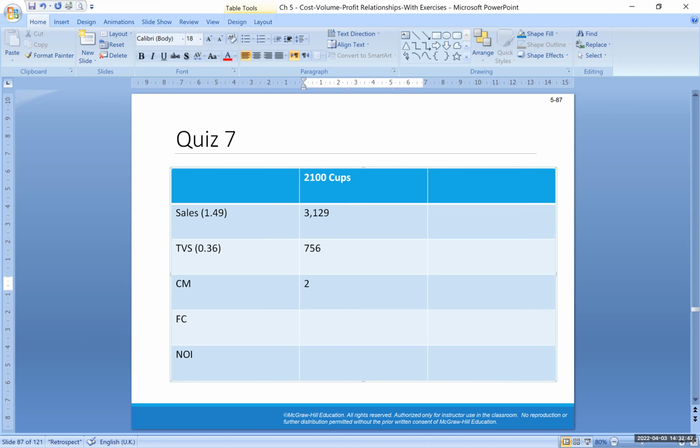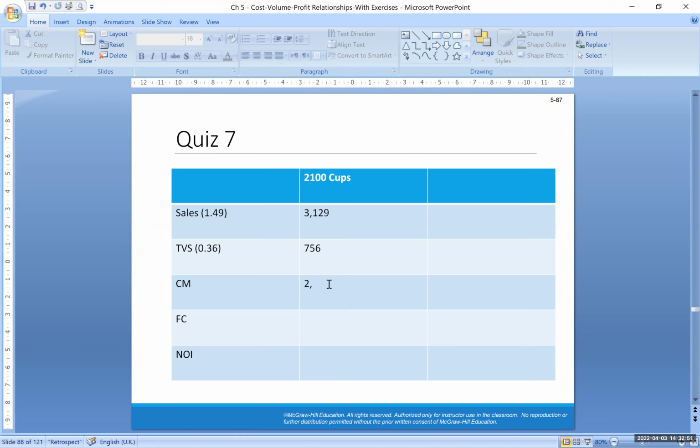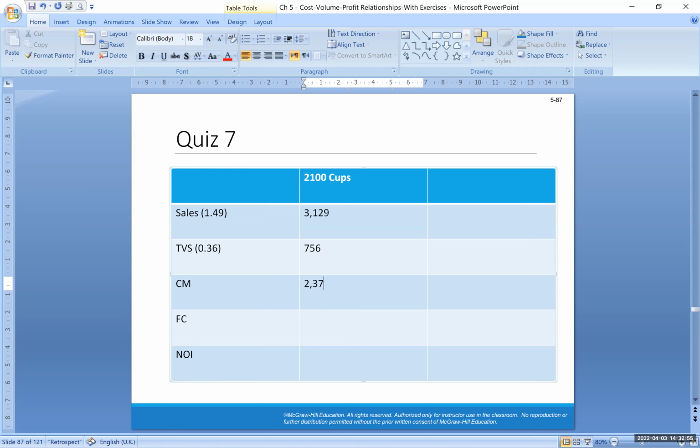Minus total fixed costs, which is given as 1,300 for this company, and the net operating income will be 1,073.